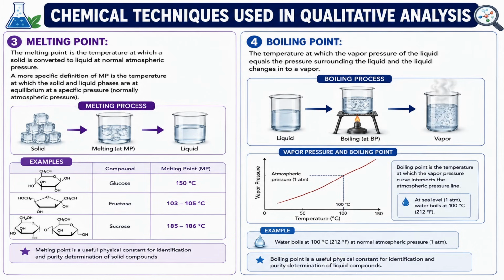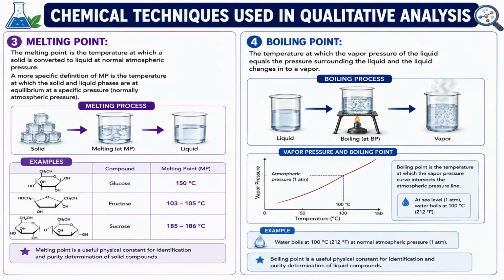Next one is melting point. The melting point is the temperature at which a solid is converted to liquid at normal atmospheric pressure. A more specific definition of melting point: the temperature at which the solid and liquid phases are in equilibrium at a specific pressure. For example, glucose, sucrose.